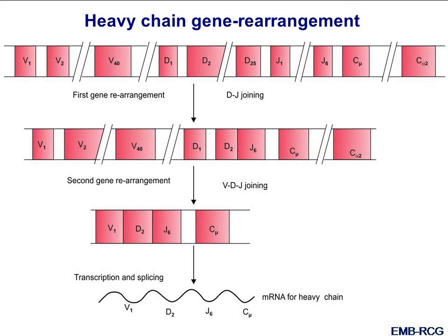So this messenger RNA for a particular heavy chain has this V segment derived from V cluster, this gene derived from D cluster, this J gene derived from J cluster, and C mu. V, D, and J will encode the variable region, C mu will encode the constant region.